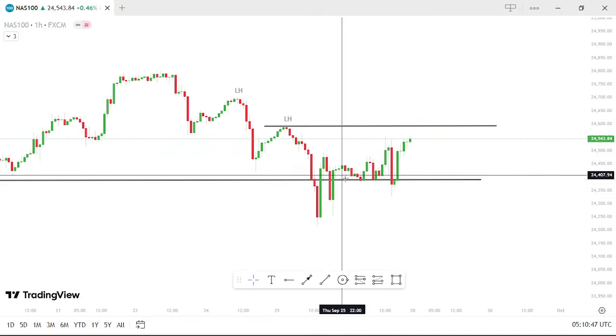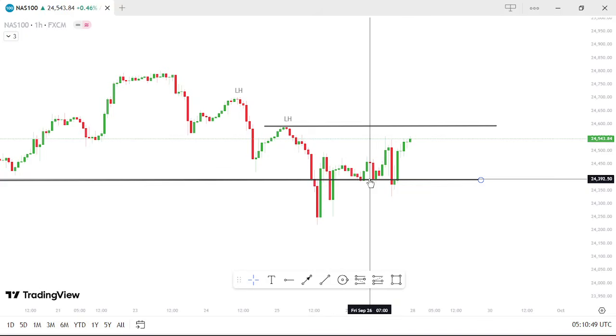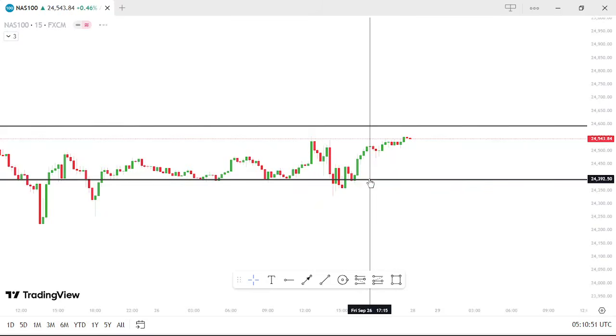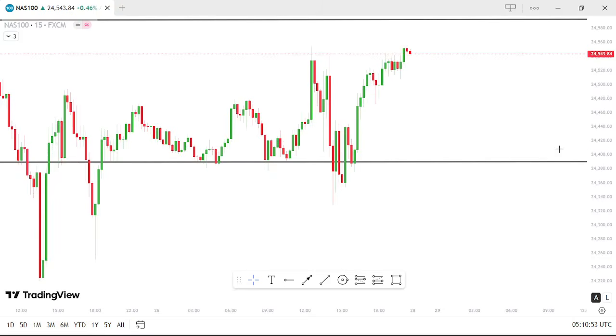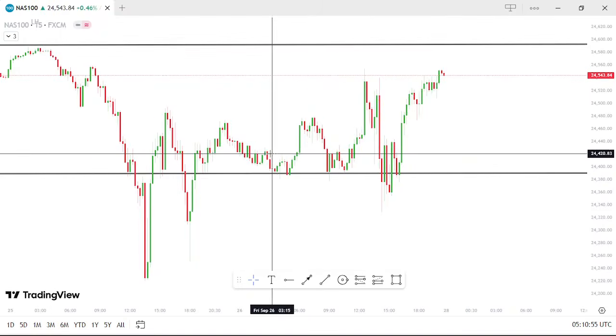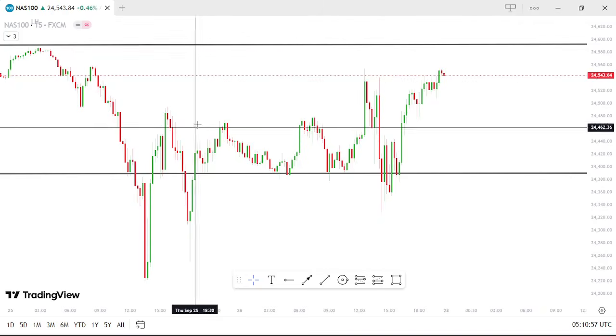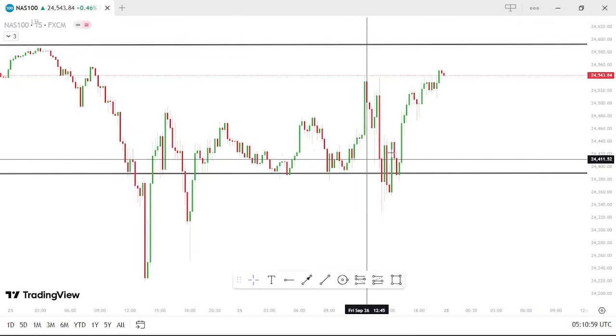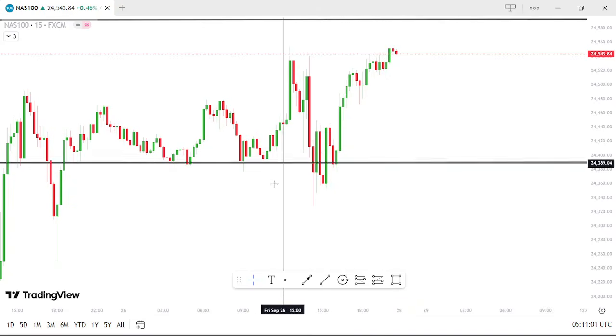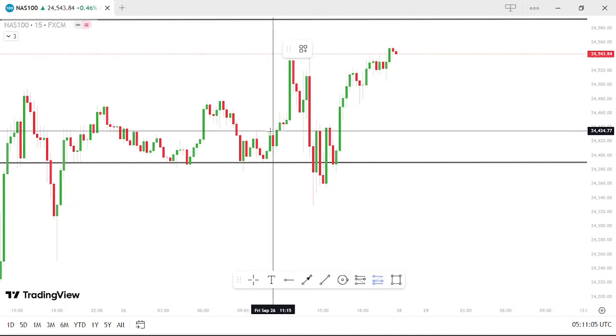Now, inside this level, when you go to the 15 minutes time frame and you catch a buy, let's say you see price making higher high, higher low, and then you get into a trade.